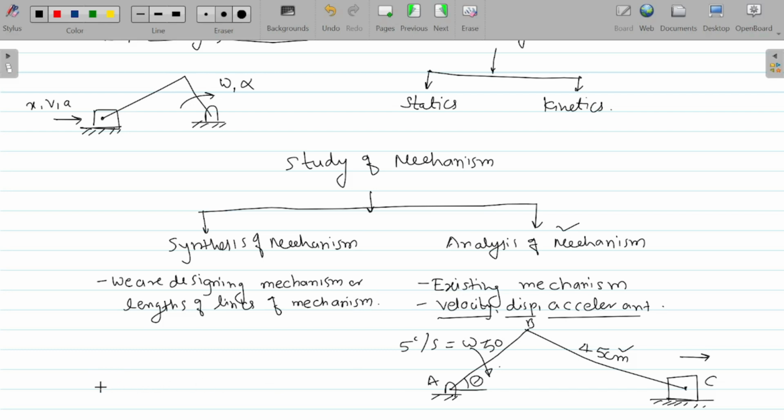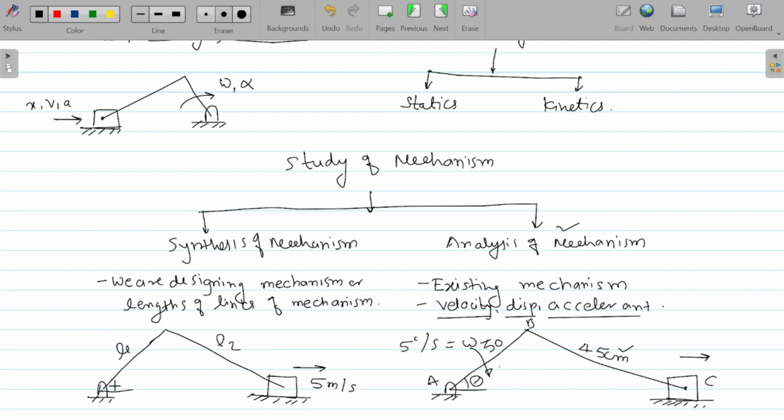In this case I have to find out the length L1 and length L2 such that my piston will move with velocity 5 meter per second. How much is the linear velocity of the piston? 5 meter per second. So in this case L1 and L2 lengths are not known.